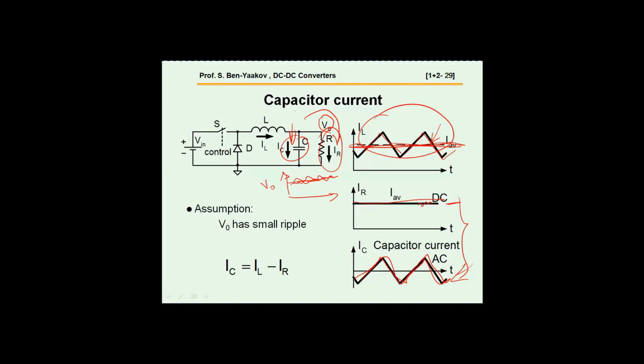So the capacitor must be capable of passing this current. This is a limitation of capacitors. That is, one of the specifications of a capacitor is how much AC current it can actually tolerate before it'll be damaged due to a heat increase.